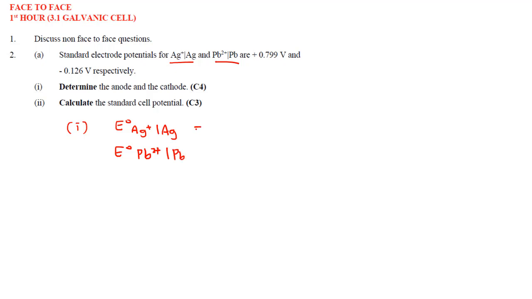So just tulis again for you lah, so that you can see better. Positive 0.799 volt, negative 0.126 volt. Okay, so ni lebih negatif E0 dia lah. So maksudnya dia adalah kita punya anode dan dia akan melalui oxidation. Okay, dan silver ni pula adalah kita punya cathode dan dia akan melalui reduction.